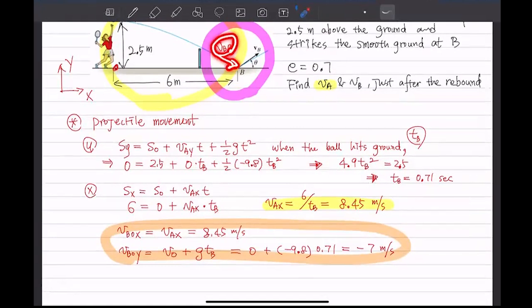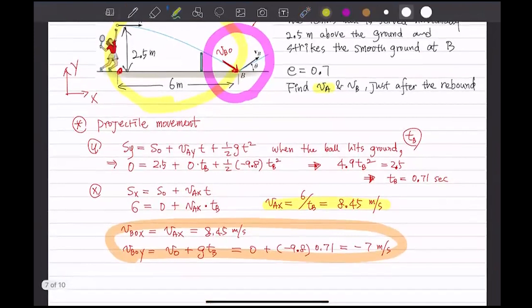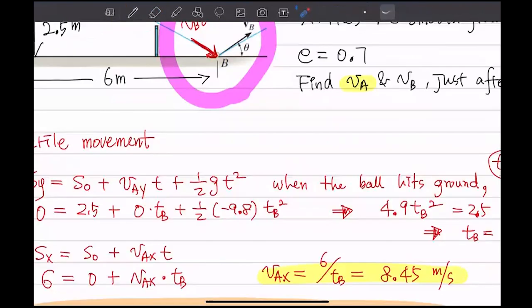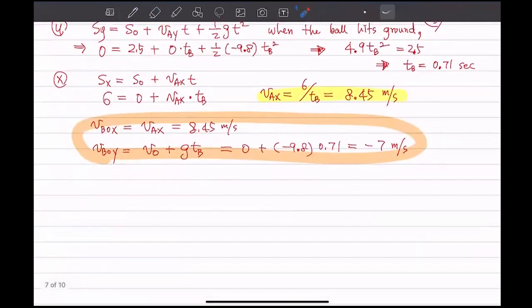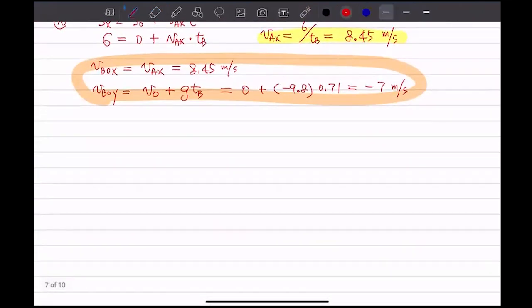But what we want to find out is when it bounced back. So we're now going to only focus on this part here. If I just draw that down one more time, we have a surface, right? And here's a ball that is about to hit the ground, right?